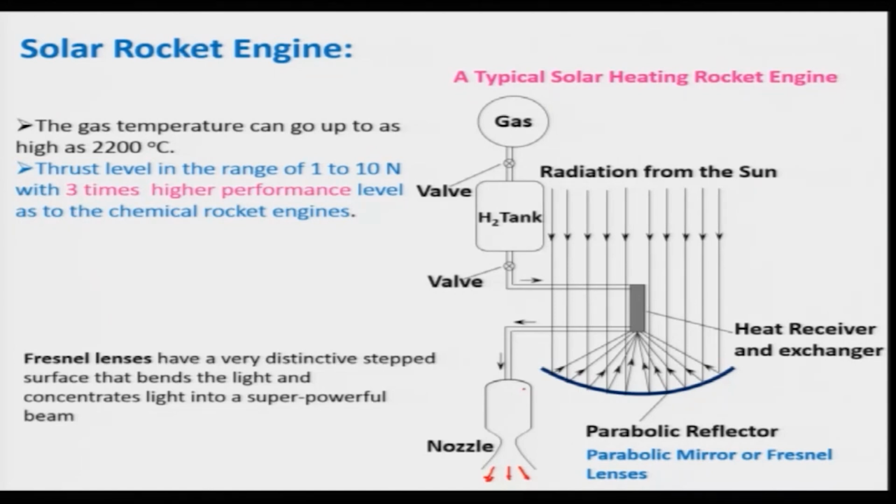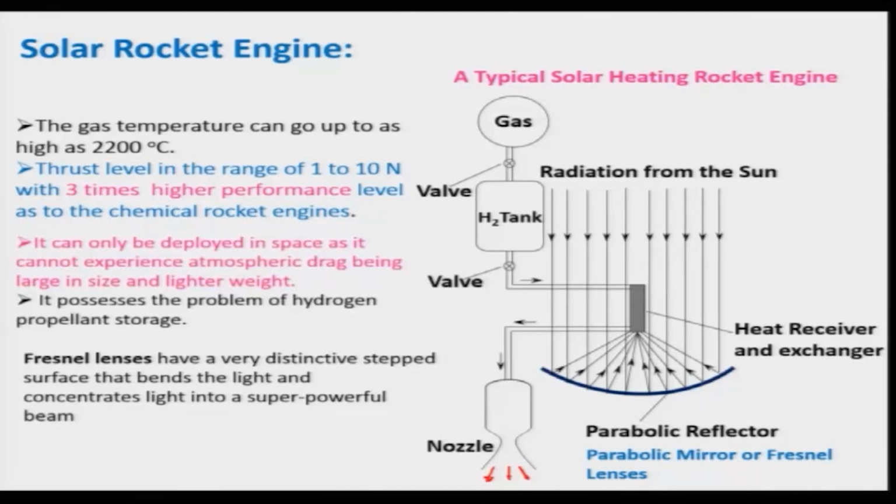Of course, one can go a little further depending on the material and the kind of propellants being used, and a thrust level in the range of 1 to 10 newtons, with 3 times higher performance as compared to the chemical rocket engine, can be achieved, but the level of thrust is quite low as compared to the chemical rocket engine. And it can only be deployed in space, as it cannot experience atmospheric drag, being large in size and lighter in weight.